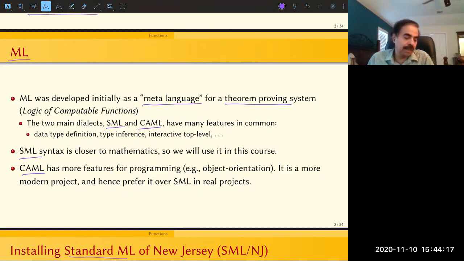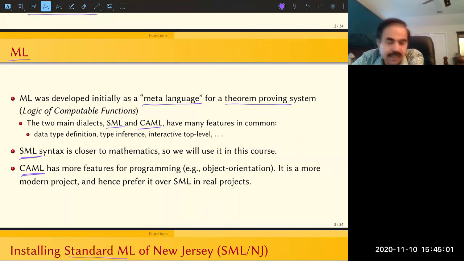And then there was another dialect called CAML, which stands for Categorical Abstract Machine Language. Well, I don't even remember the expansion anymore. I think it's something to do with categorical abstract machine and ML, so they somehow merged those two phrases into CAML. CAML is kind of like SML in many ways, but it has a few additional features that make more conventional programming a little bit easier.